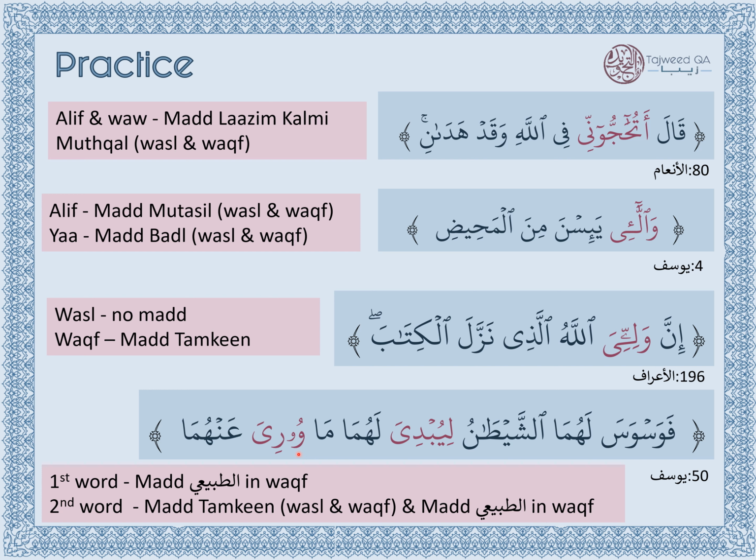Mad tamkeen is the meeting of 2 waws, a waw mutaharrik and a waw maddiya. It can either be in one word or it can be between 2 words. So here we have mad tamkeen in one word, and in stopping we stop with a sukoon on the ya, and it's preceded by a kasra, so therefore we have mad tabi'i in waqaf.